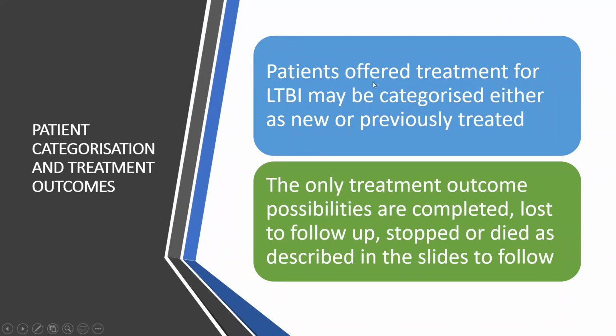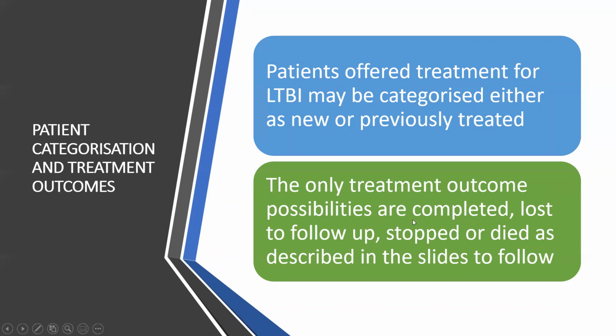Now, patients are offered treatment for latent TB infection. These are the patients who have contacts and don't have any symptoms, so we categorize them as latent TB infection. They can be categorized as new or previously treated with TB. So you have to give them an outcome.